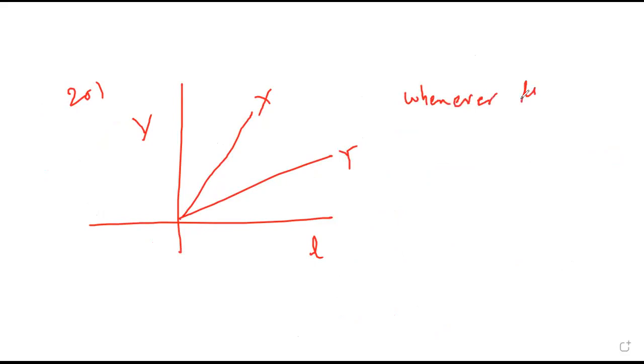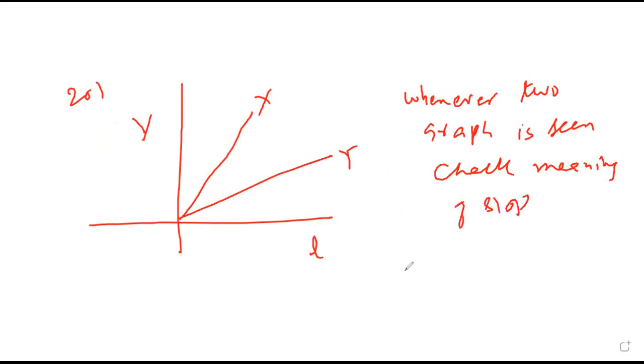Whenever two graphs or variations are seen, always check the meaning of the slope. In this case, slope is V upon L or not? Slope means Y upon X, that is V upon L. What is V by L? It is called potential gradient.